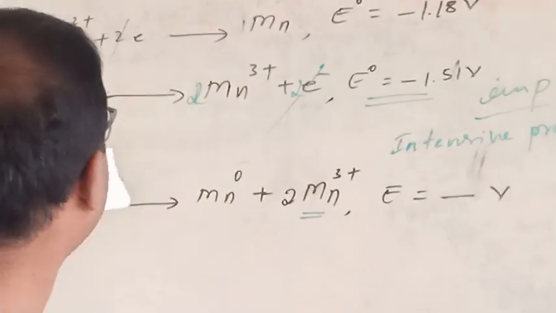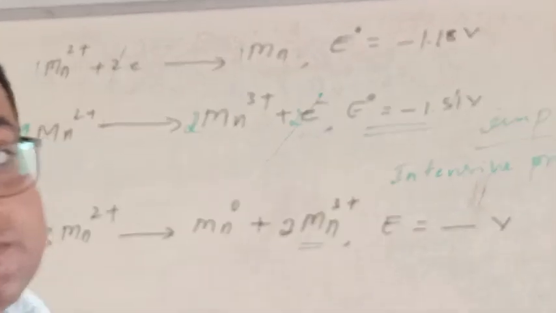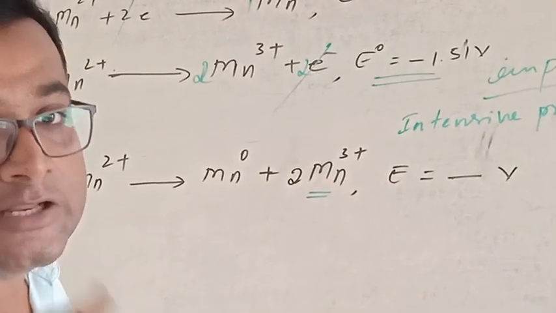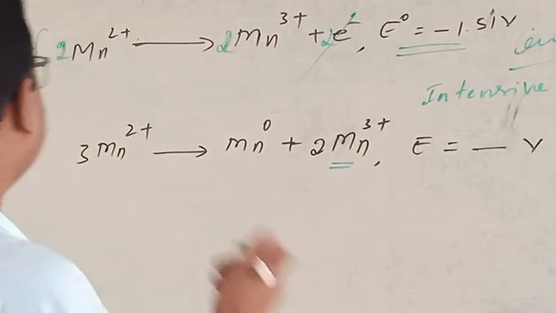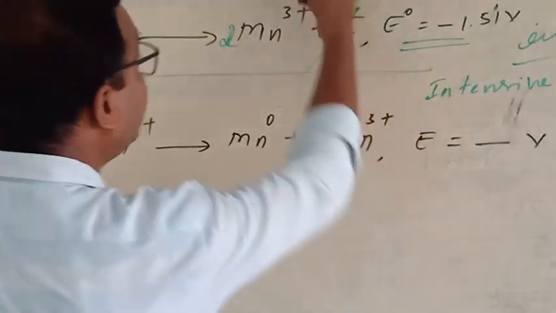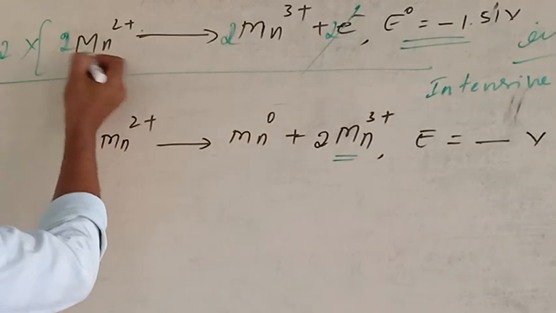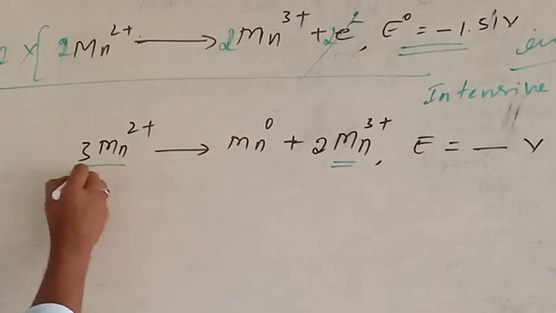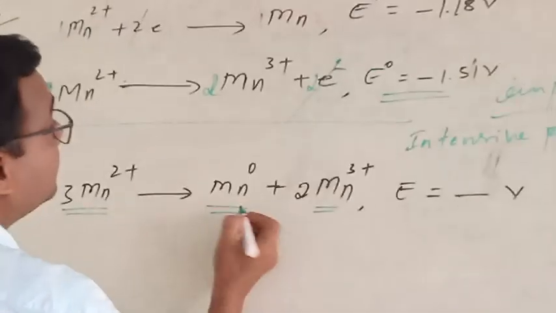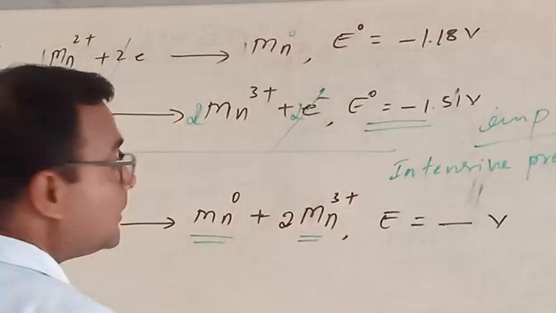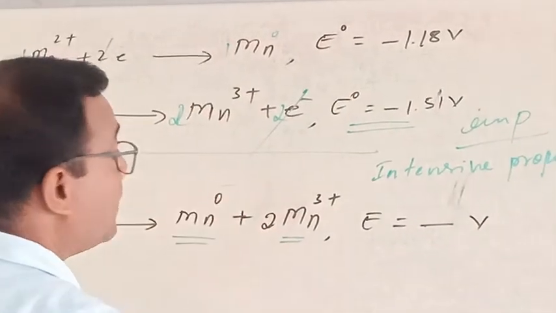Whatever amount you use, the value does not change. So it is an amount-independent property. So I will add: 2Mn2+ plus 1Mn2+ gives 3Mn2+, then 1 Mn is written here with charge 0, then 2Mn3+ is given.